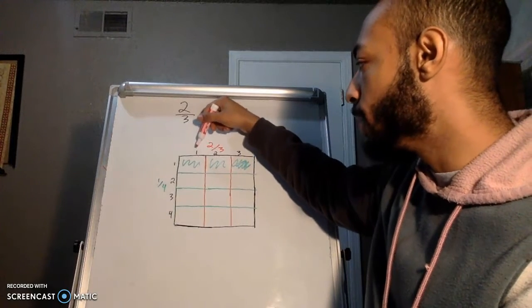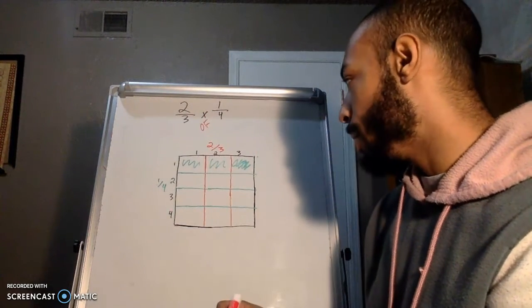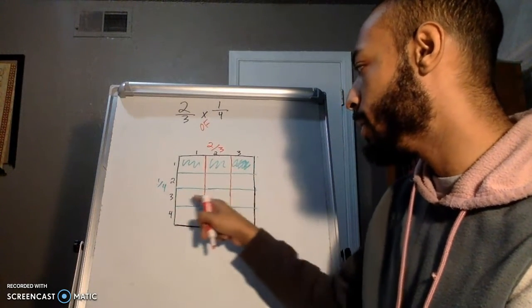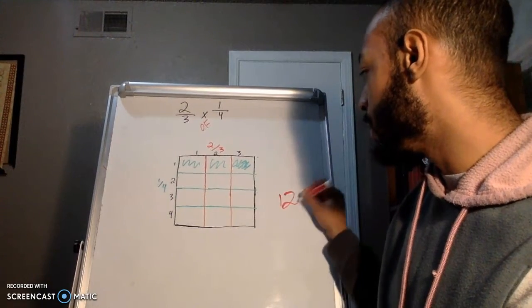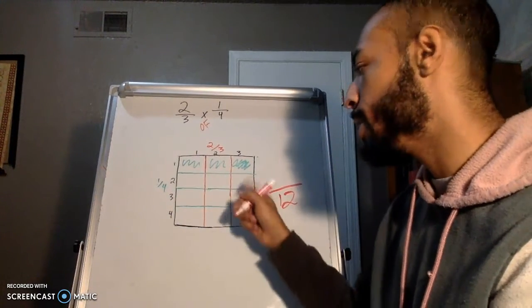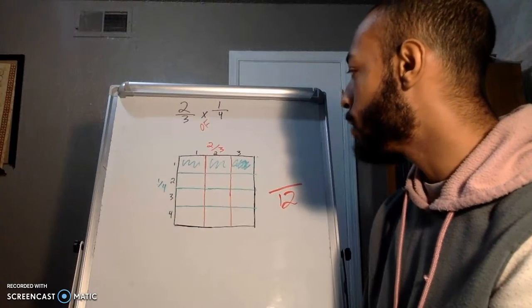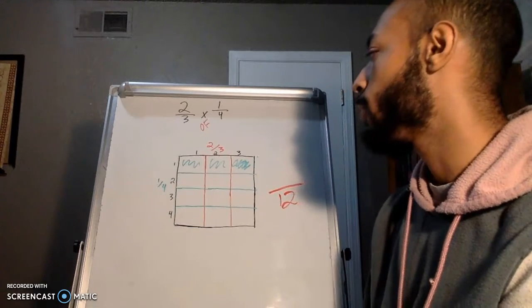So I made 1 section, 2 sections, and 3 sections. All in all, I have 1, 2, 3, 4, 5, 6, 7, 8, 9, 10, 11, 12 sections, parts in this one square. And then I am also going to need to shade in 2/3 of 1/4.